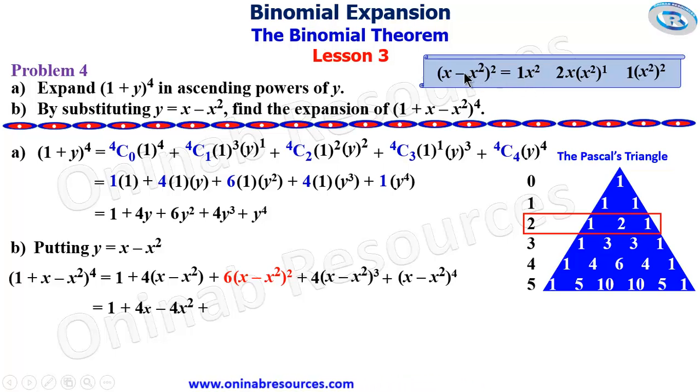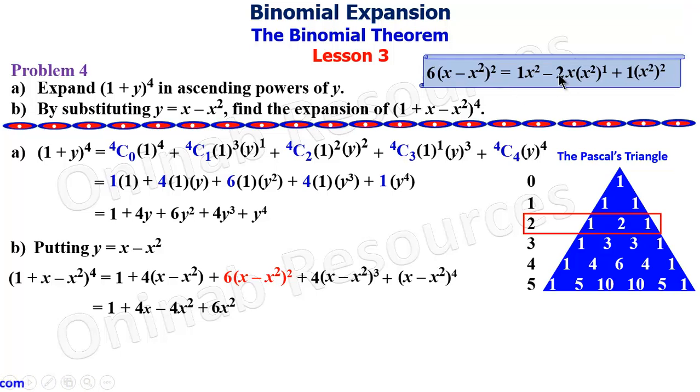Then we now consider the sign. The power of x squared that's odd, we take minus. So here it goes with minus, and here is even, it goes with plus. Then we now multiply by 6. 6 times 1x squared gives 6x squared.